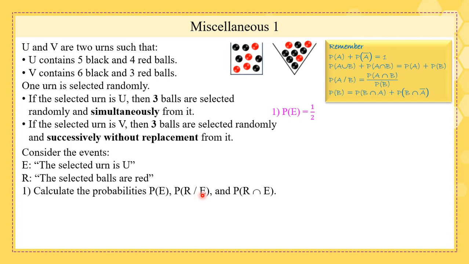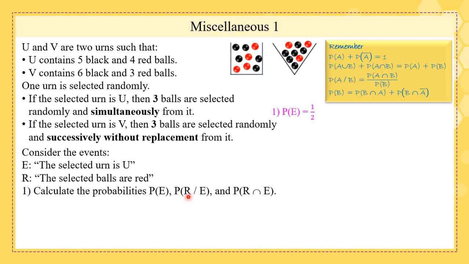Let's see what E states and try to apply it in order to find P of R. E states that the selected urn is U. And according to this story, if the selected urn is U, we're going to select the 3 balls simultaneously from U. So given E means that go to U and select 3 balls simultaneously from U. Now, how are we going to select these balls?